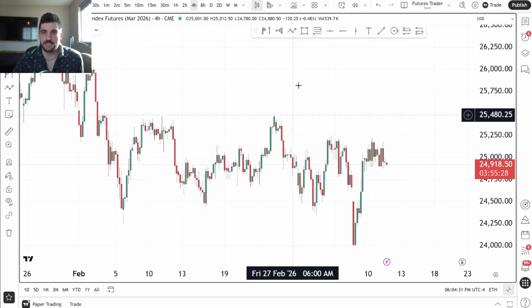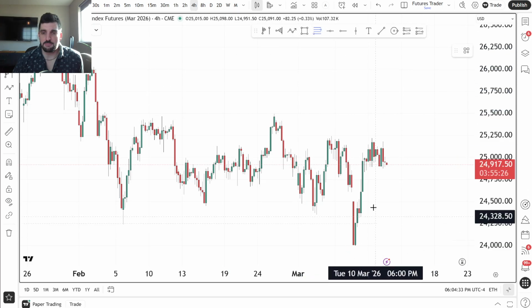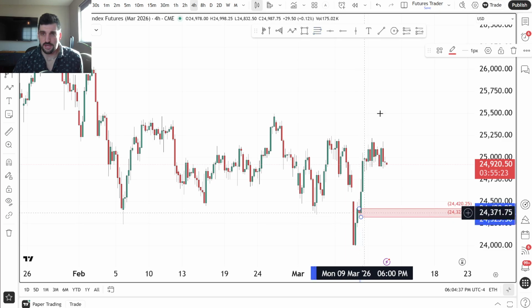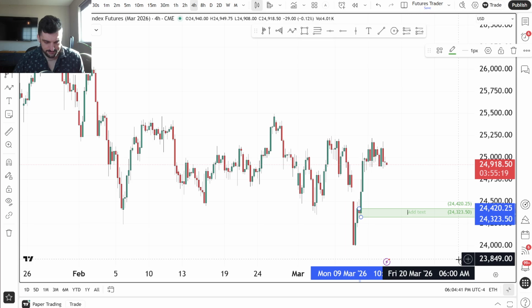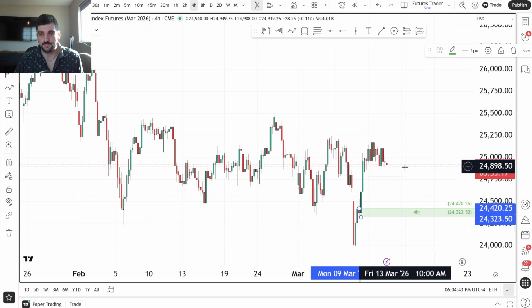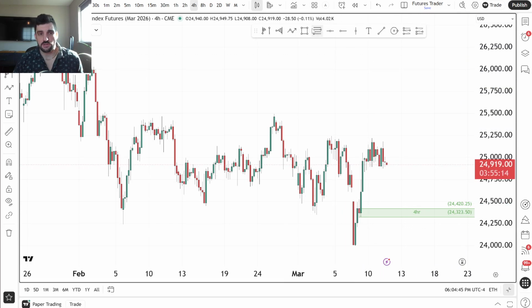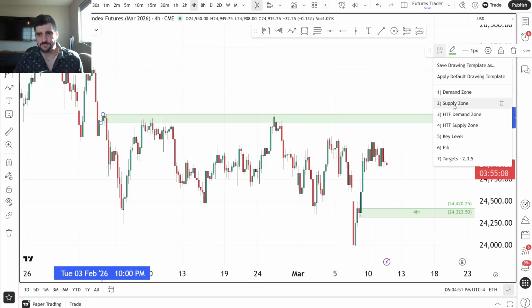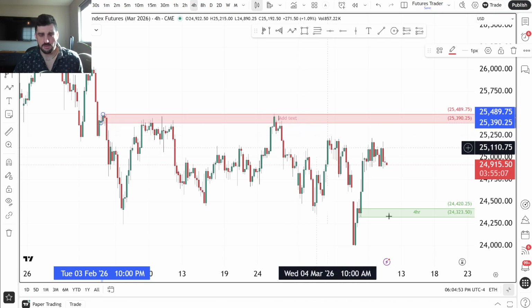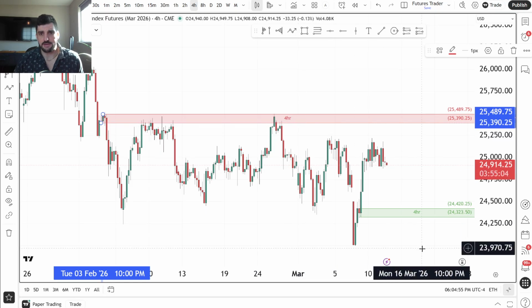All right, so I can see a clear level of demand below current price on the 4-hour chart, and I'm just going to mark that off, and then I'm going to label it 4-hour, okay? And then there is another level of supply back here, which the market has been respecting. And those are going to be my higher time frame levels of supply and demand, okay?